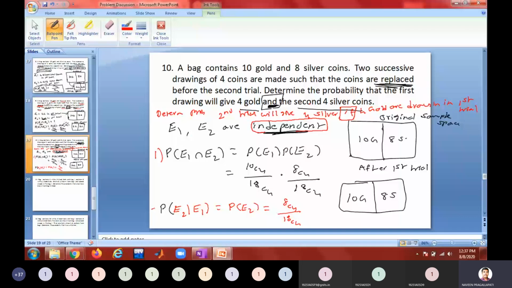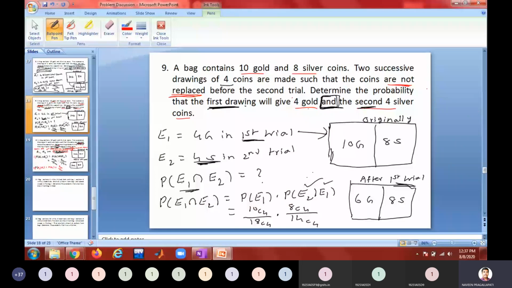Joint probability when "and" comes into the picture, conditional probability when "if" comes into the picture. Events are independent when they are replaced. Events will be dependent when they are not replaced. Is this clear to all of you? Yes, sir. Shall I proceed to the next problem?